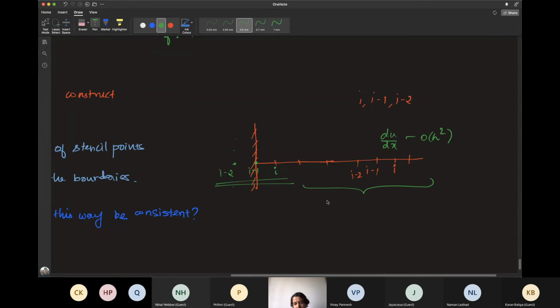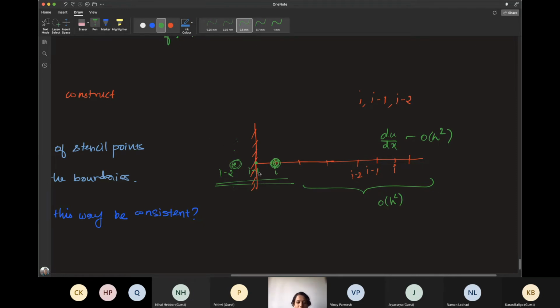We have seen it earlier. So all of the interior points will have order h squared accuracy. But for this I, you don't know what your I minus 2 will be. So in that case, you can construct ghost nodes. These are some advanced techniques.